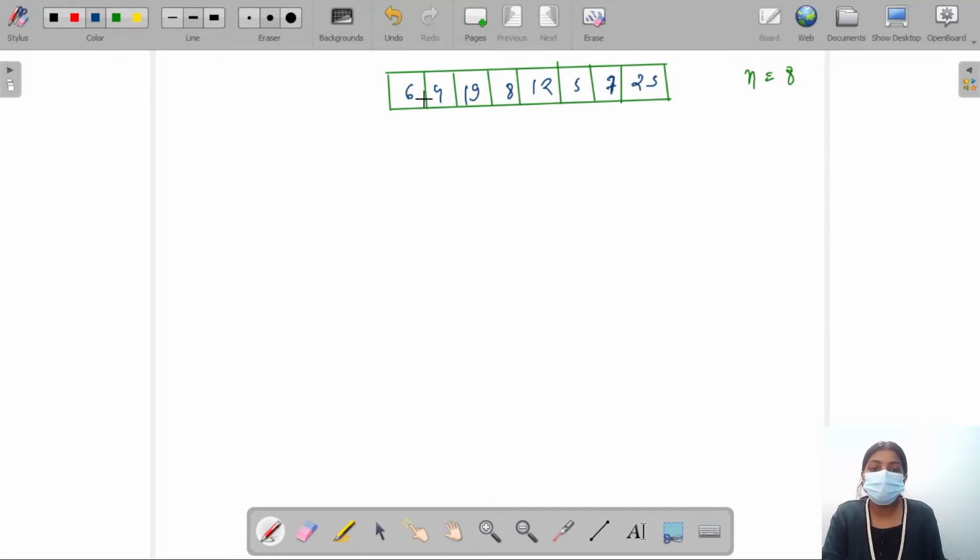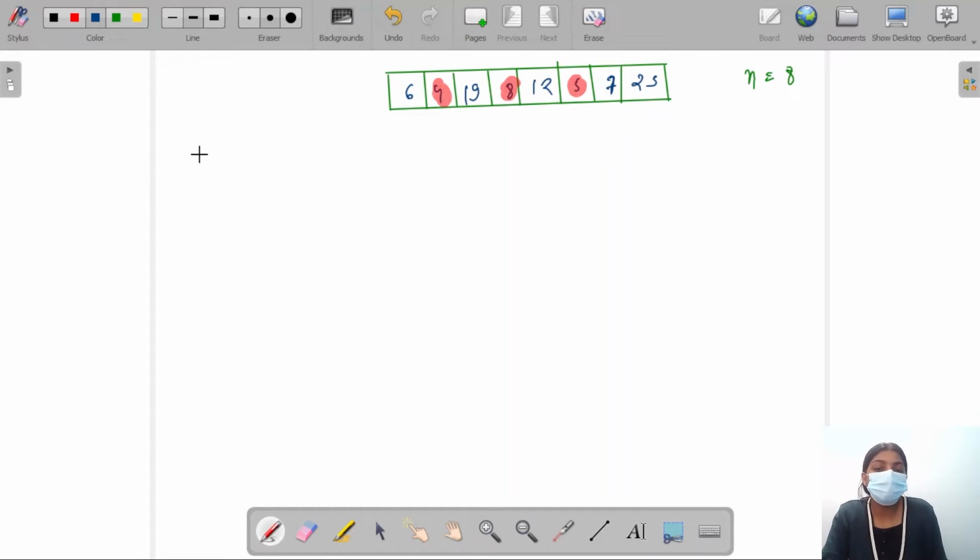We first have to check, if I randomly pick any three sides, let's say 4, 8 and 5, whether these sides form a triangle or not. The basic condition is that the sum of any two sides should be greater than the third side.